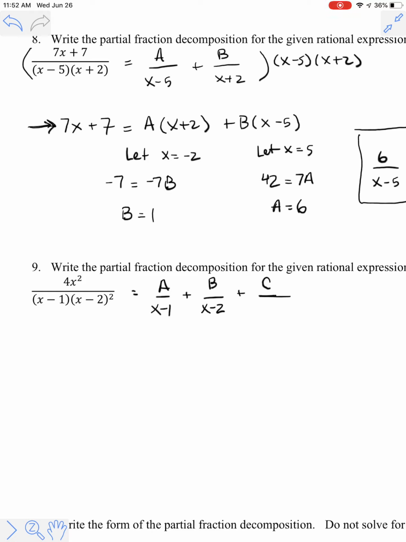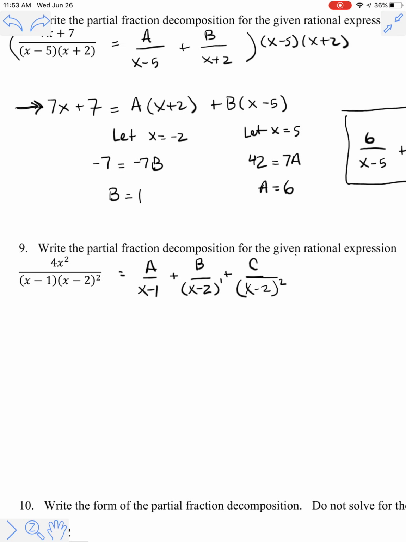So x minus 1, or x minus 2 to the first power, and then x minus 2 to the second power, and you stop writing it as soon as this power matches the number of times that it's repeated. So that's the form of the partial fraction.